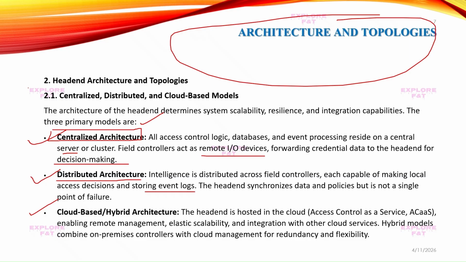The head-end is hosted in the cloud, meaning access control as a service, called ACaaS, enabling remote management, elastic scalability, and integration with other cloud services. The hybrid model combines on-premises controllers with cloud management for redundancy and flexibility.